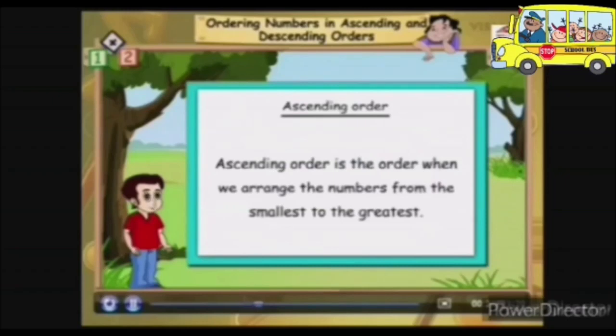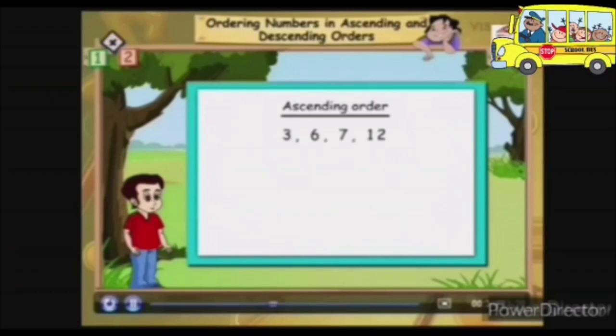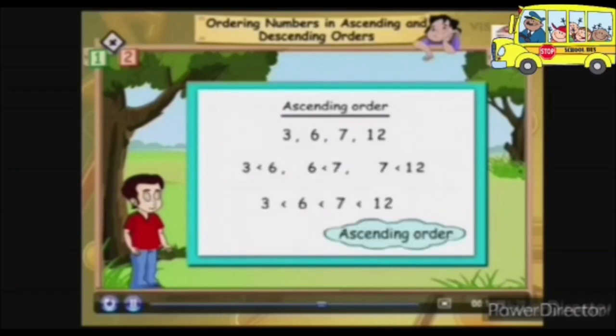Ascending order is the order when we arrange the numbers from the smallest to the greatest. Look at the numbers 3, 6, 7, 12. You can observe that 3 is less than 6, 6 is less than 7, and 7 is less than 12. That means the given numbers are arranged in ascending order.